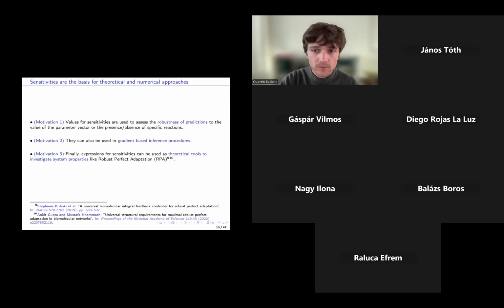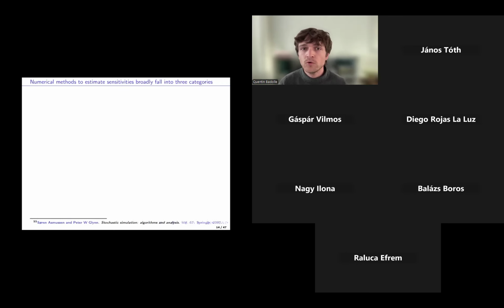I'm not going to cover this today, but I refer you to these two papers from our group. And in the first paper, especially the supplementary material, the connection between sensitivity analysis and the concept of robust perfect adaptation is highlighted.